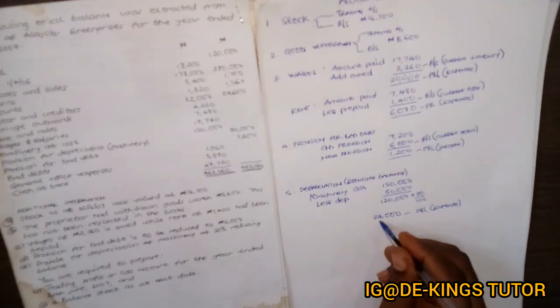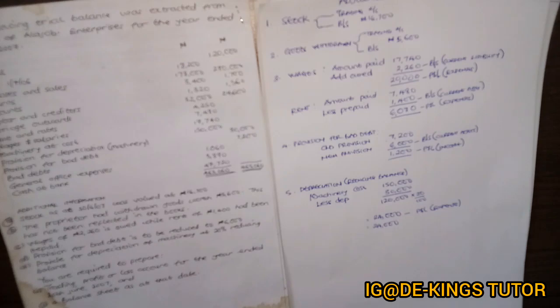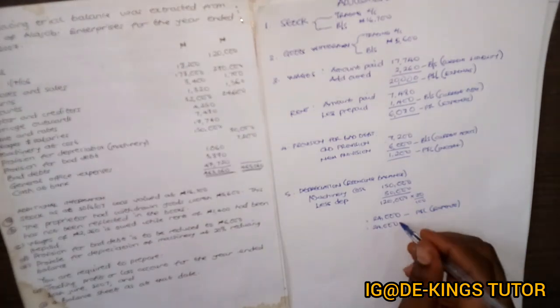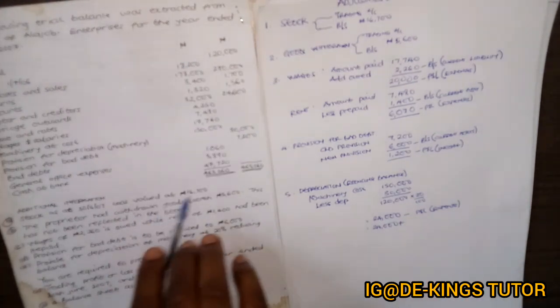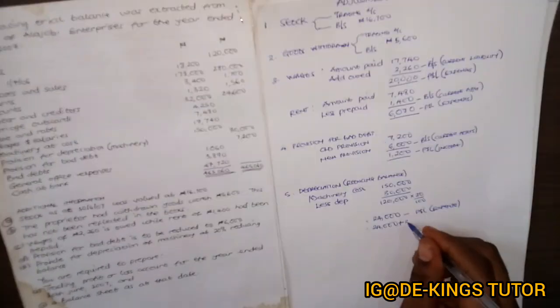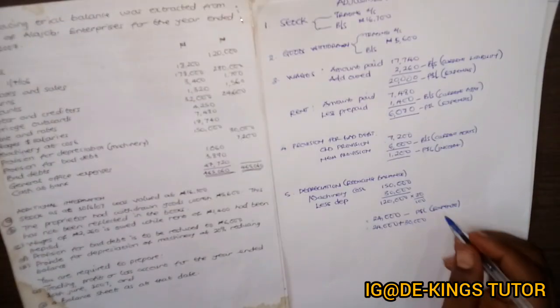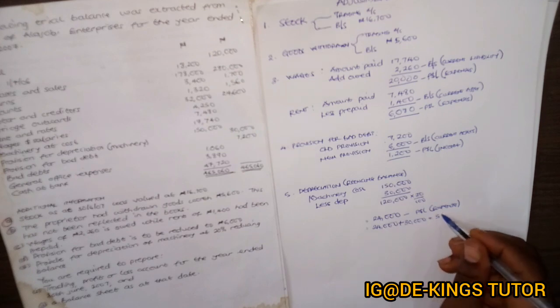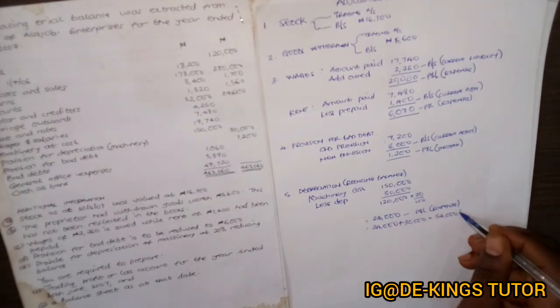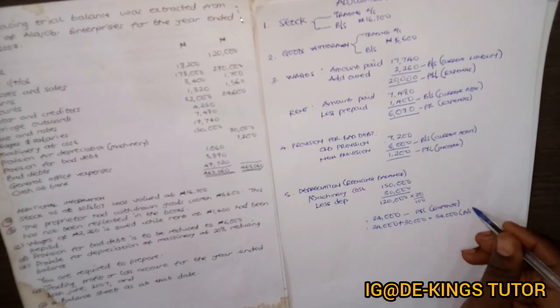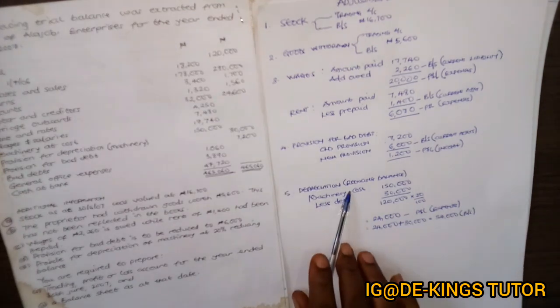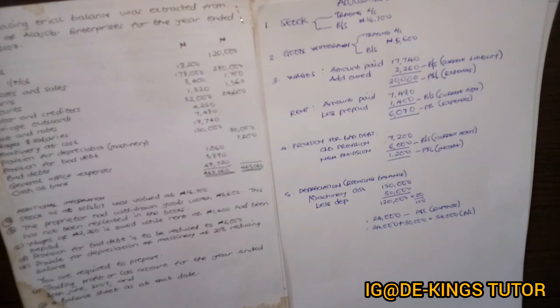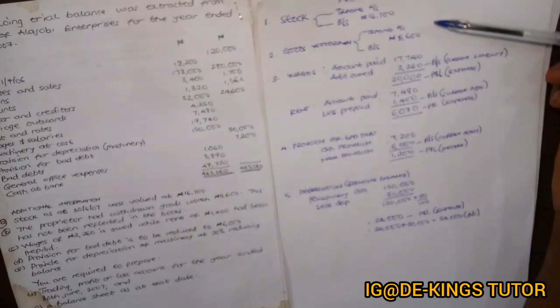We post this 24,000 as the current depreciation charge plus the previous 30,000 to make it accumulated depreciation. So 24,000 plus 30,000 gives us 54,000. And this goes to the balance sheet under the fixed assets, reducing the machinery value.